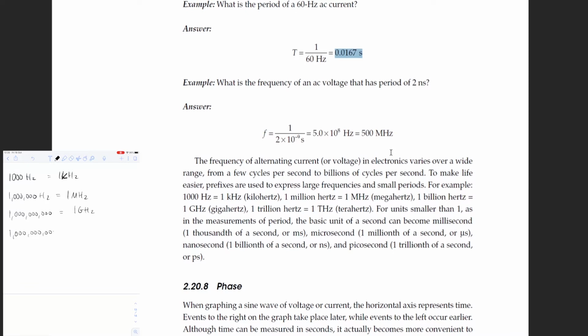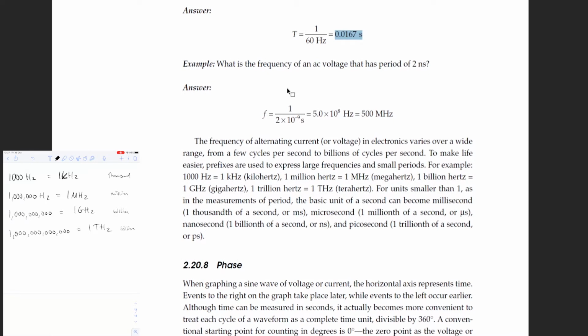And a trillion is equal to 1 terahertz. Okay, so you have 1,000, million, billion, trillion. Okay.